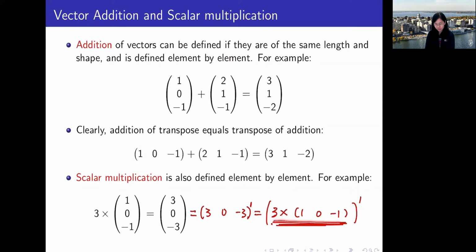So you can do the scalar multiplication first and then transpose, and you're going to get this column vector. Or you can transpose it and then multiply by the scalar, and you get the same column vector. So what that says is if you have a scalar a times a vector A, and then you transpose it, that equals a times vector A transpose.